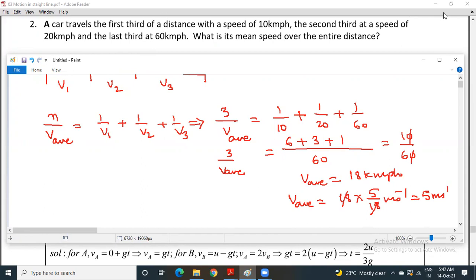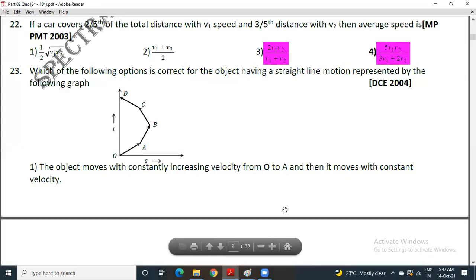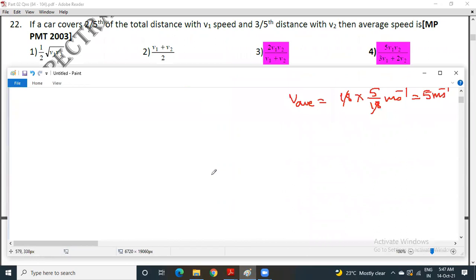Now let us try to do another question, where the total distance is unequally divided into two parts. The question is: if a car covers 2 by 5th of the total distance with the speed V1 and 3 by 5th distance with the speed V2, then find the average speed.